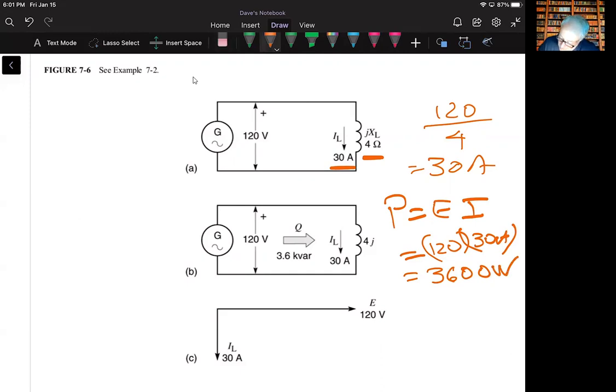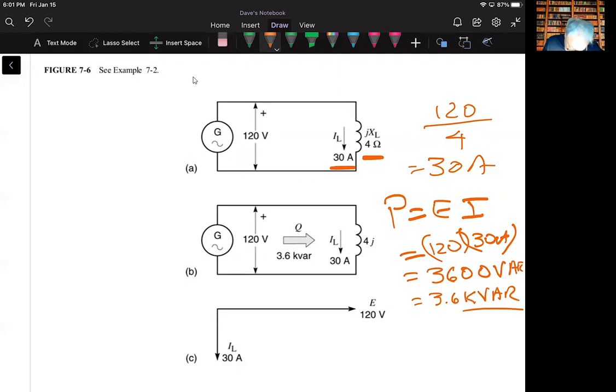So it's not watts. It's an inductive reactive power. So I have to change that, and I have to recognize that that is VAR, volt amps reactive. And so I want to write this like he has it, which is 3.6 kVAR, kilovolt amps reactive. All right. So we calculated the power.